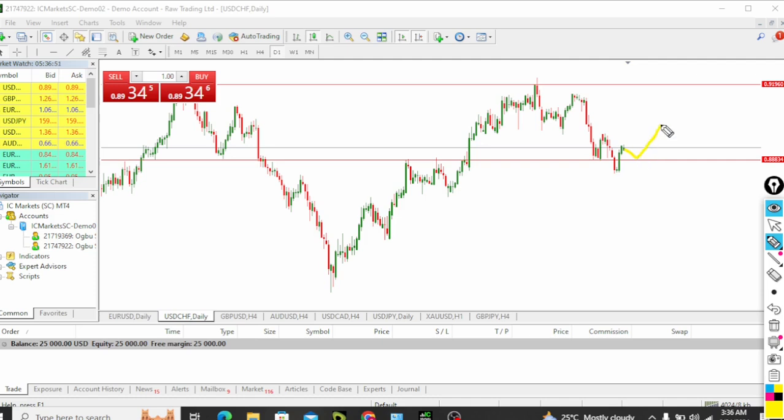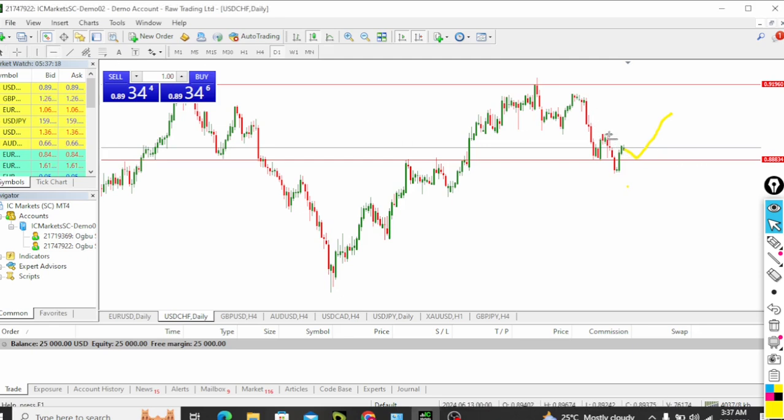From the daily time frame, what I'm expecting to see is simply a pullback onto this region, then a takeoff. If we are to go long on this pair, where should we be looking for a take profit? To me, the first take profit zone should be the nearest key resistance area, and that is this region here.